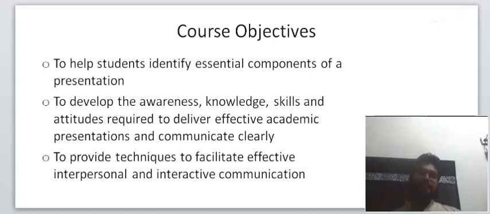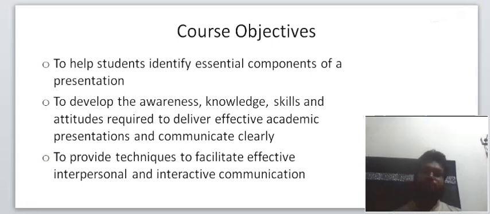Second objective is to develop the awareness, knowledge, skills and attitudes required to deliver effective academic presentations and communicate clearly.